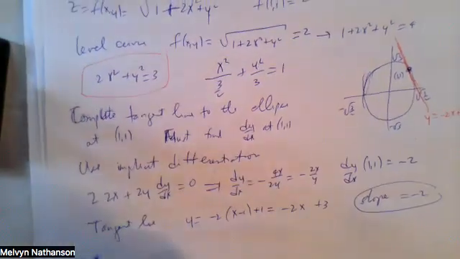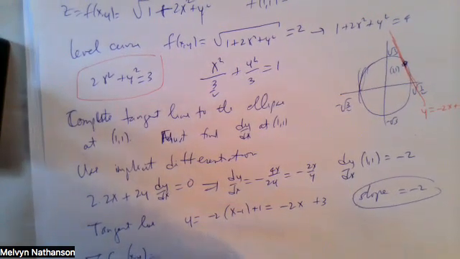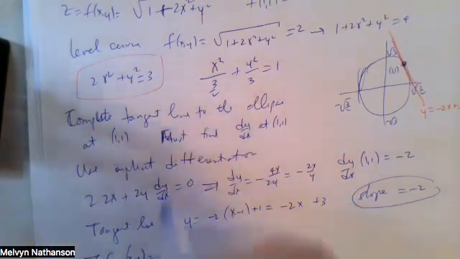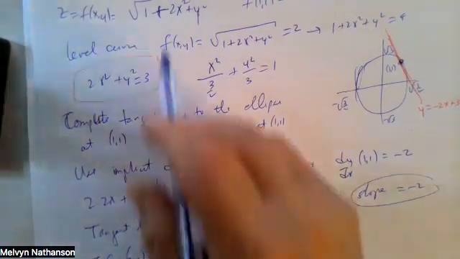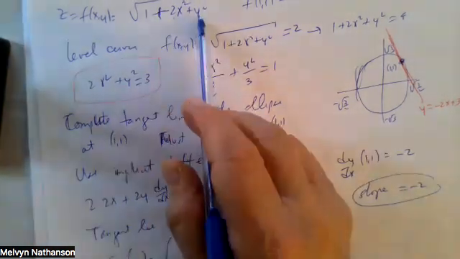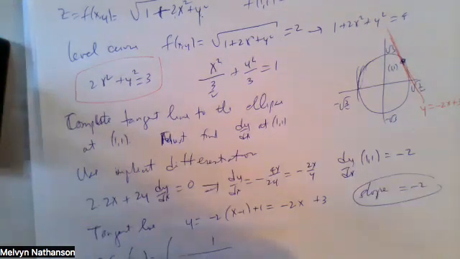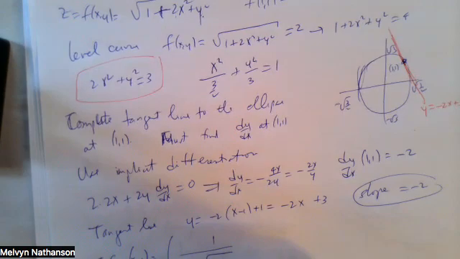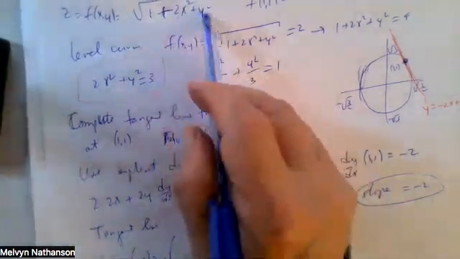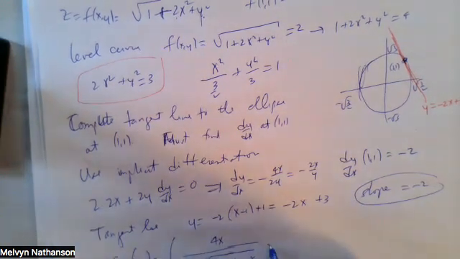What about the gradient of f? The gradient of f at (x, y), you take the partial derivatives of f with respect to x and with respect to y. So the partial derivative of f with respect to x, I'm differentiating this with respect to x. I get 1 over 2 square root of 1 plus 2x squared plus y squared, times the derivative of what is under the square root sign with respect to x, which is 4x.